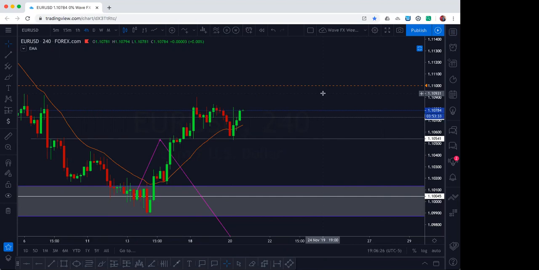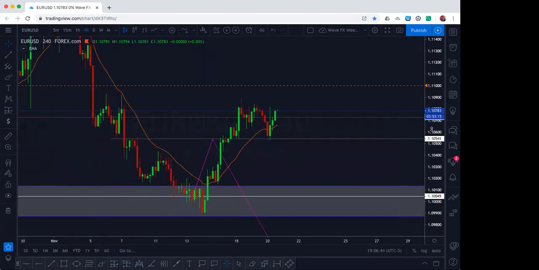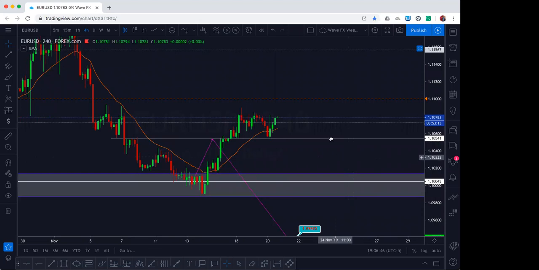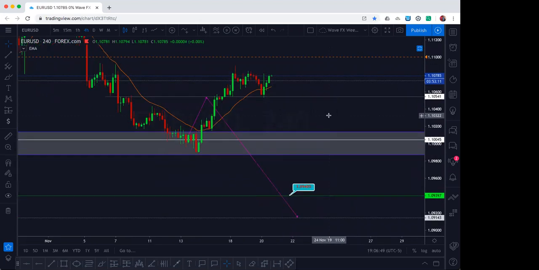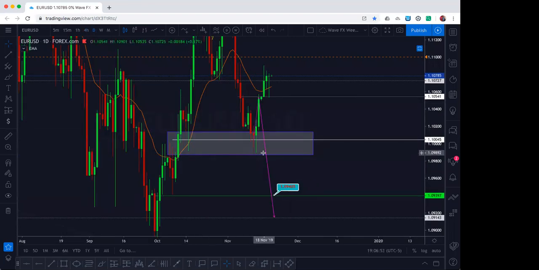In the last session we had last Wednesday, we were here in the market, down in support at 1.0904. We were saying that we're looking for the market overall to give some sort of retest of the neckline that we found on the daily time frame.